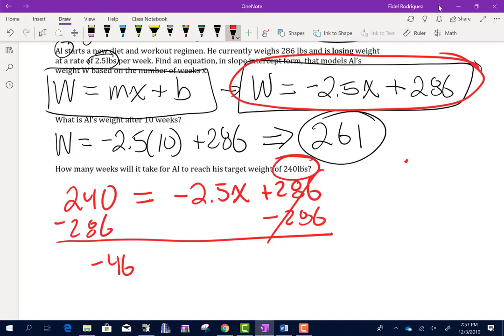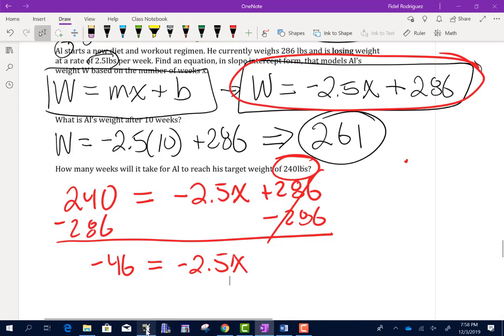Because it says his target goal is to weigh 240. All right. So guys, he basically wants to lose 46 pounds, right? Because he originally weighed 286, he wants to get down to 240. That's basically losing 46 pounds. If he's losing weight at a rate of 2.5 pounds a week, what am I going to do with those numbers now?